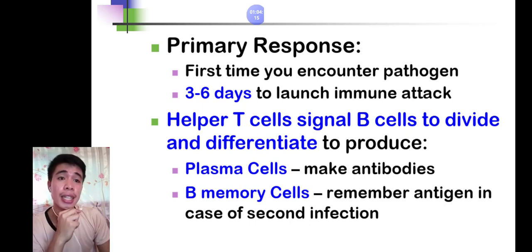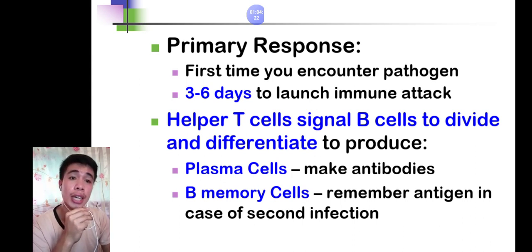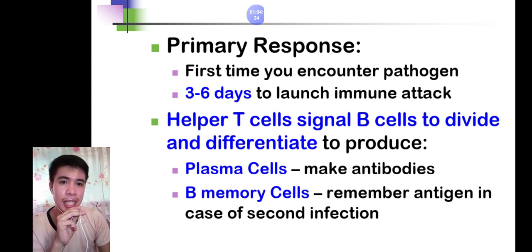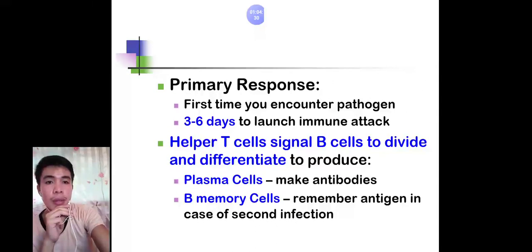Helper T cells signal B cells to divide and differentiate. Plasma cells come first and make antibodies. B memory cells remember antigens in case of a second infection.